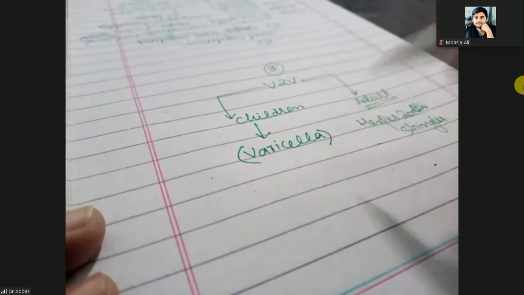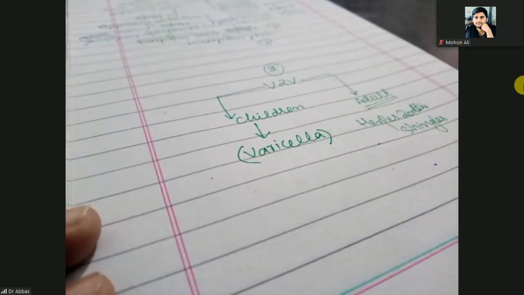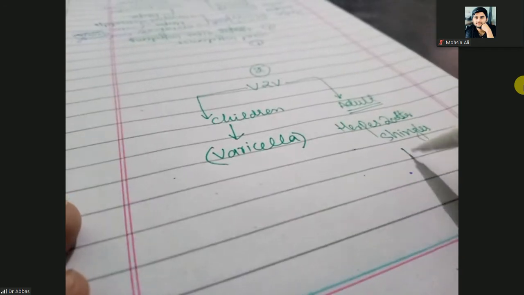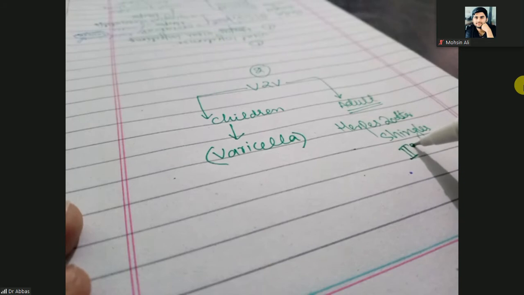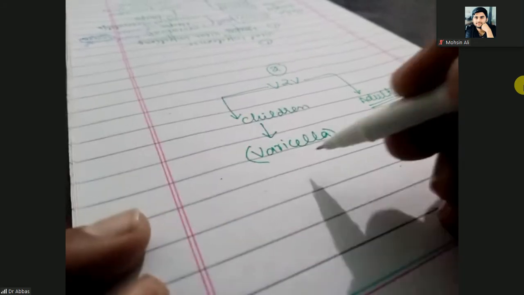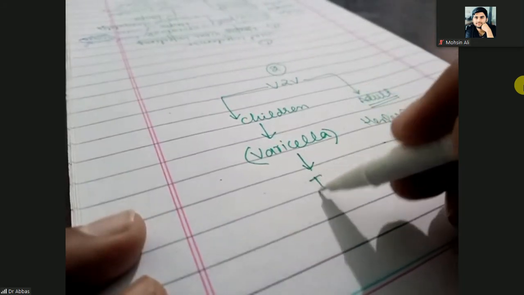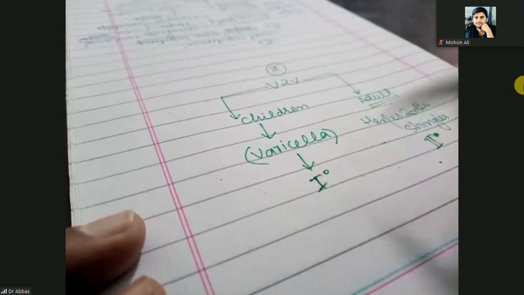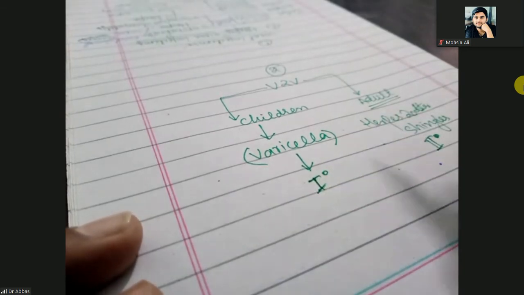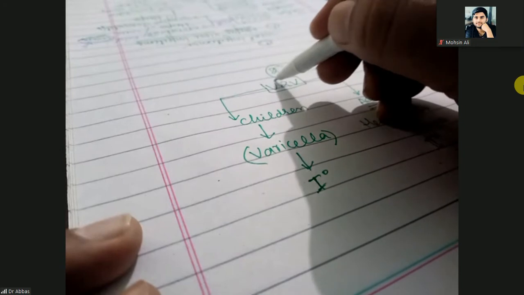Varicella is due to the primary infection and herpes zoster is due to the secondary infection. So here is the double line with the degree, that is the secondary, and varicella is due to the primary infection caused by the VZV, varicella zoster virus.